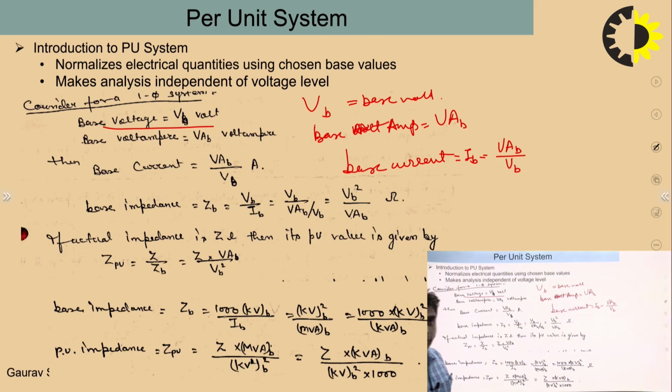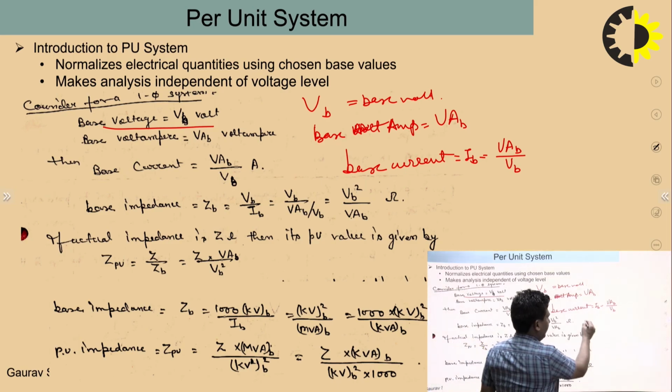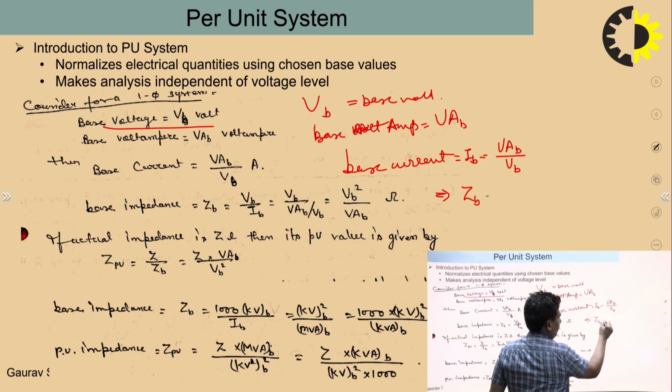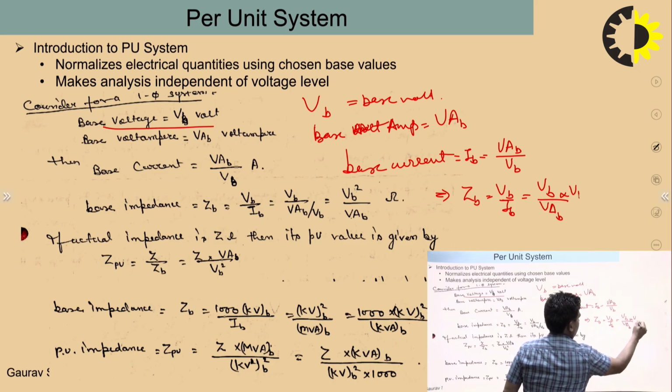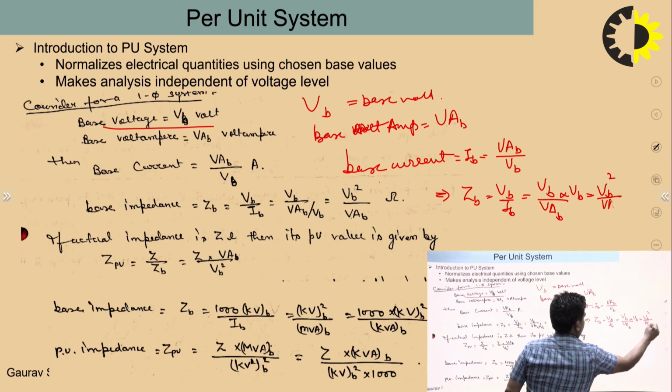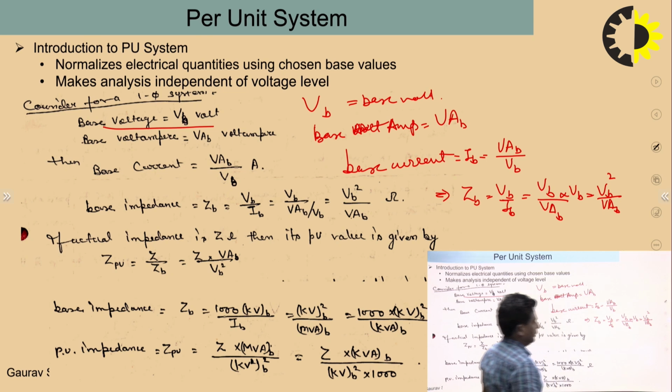And if we calculate the base impedance, ZB is equal to VB by IB, and if we put in the equation, VB square by VAB. So that is the calculation for the Z base.